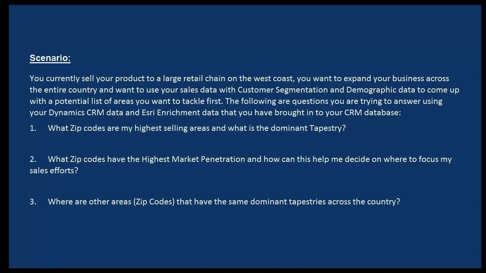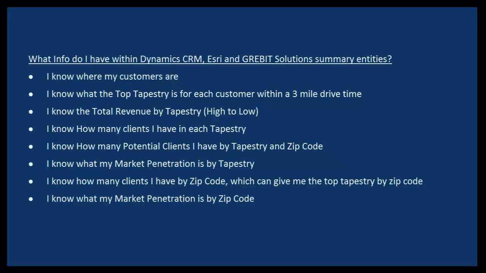And finally, where are other areas, in this example zip codes, that have the same dominant tapestry across the country? The following is a list of information you have available within your Dynamics CRM using Esri and GREBIT solution summary entities.